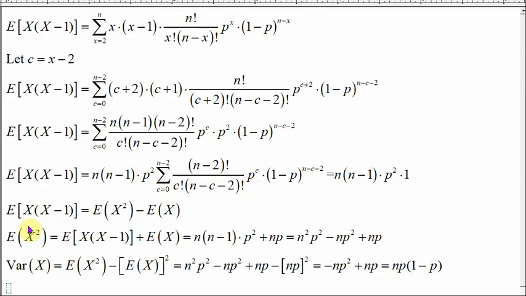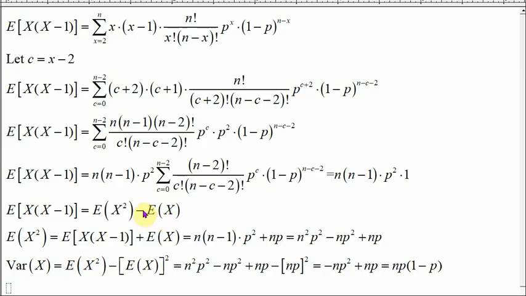And so the expected value of x times x minus 1 is going to be x squared minus x. So we'll get the expected value of x squared minus the expected value of x.